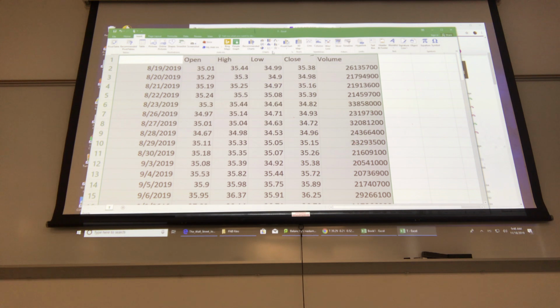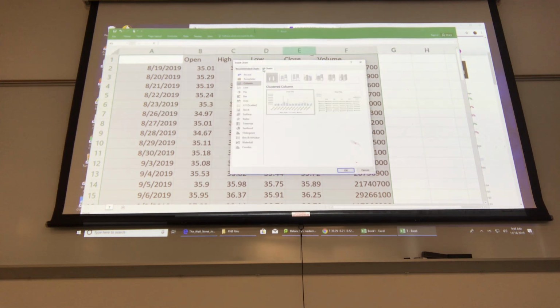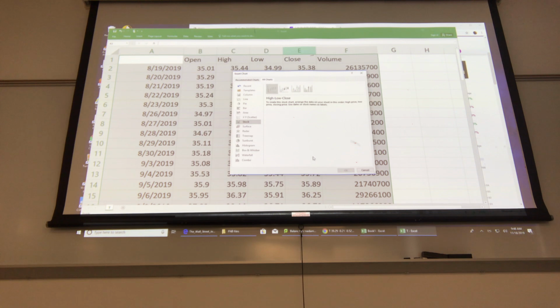I insert a graph. The graph that I want to do is a stock graph. And I need to select the graph that is exactly the same as the options that I have. This graph says it's high, low, and close. Can I use it? No, I have open, high, low, close, and volume.